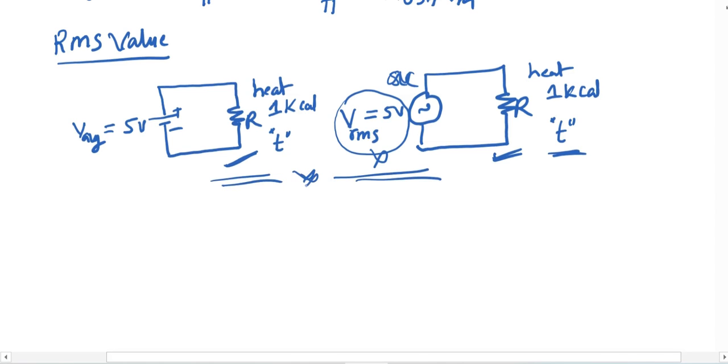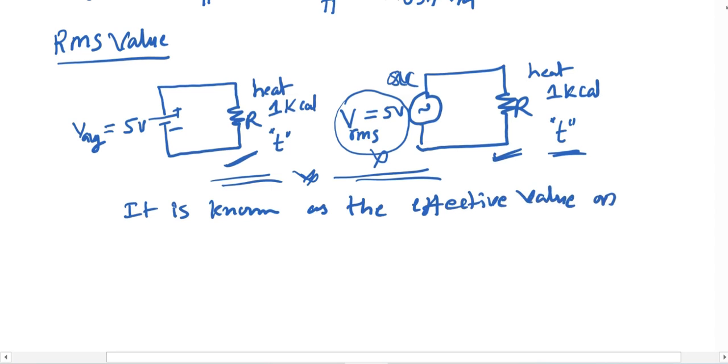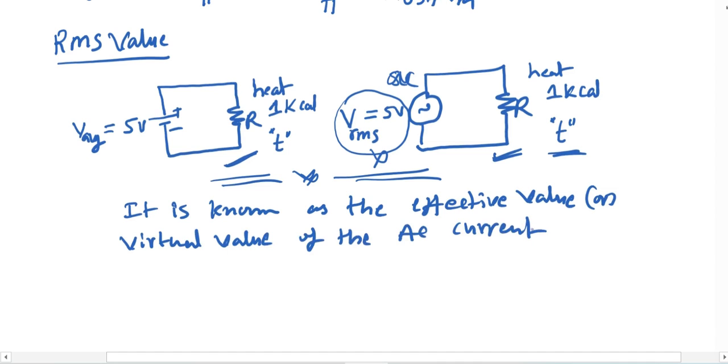The RMS value is known as the effective value or virtual value of the AC current. It is a virtual value we assume to satisfy these conditions.